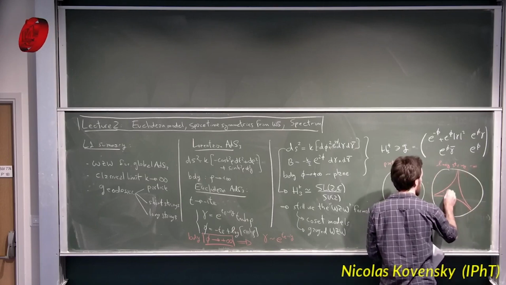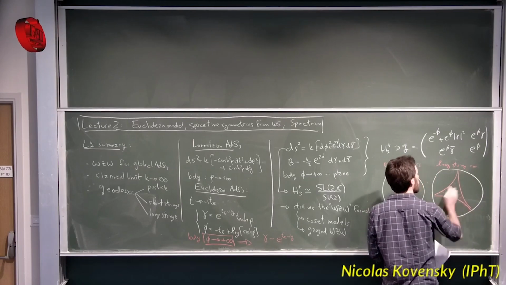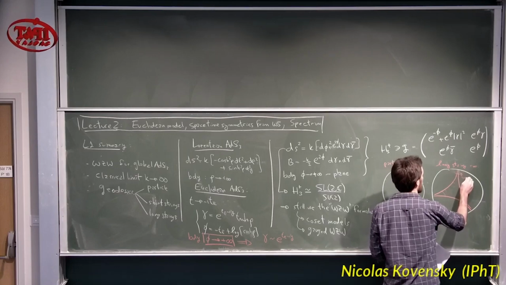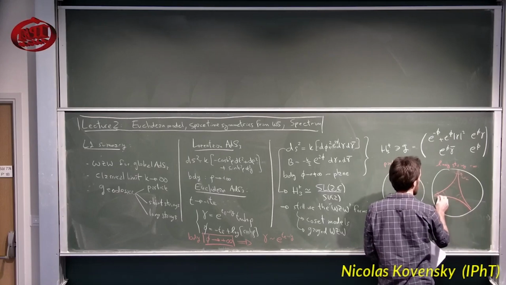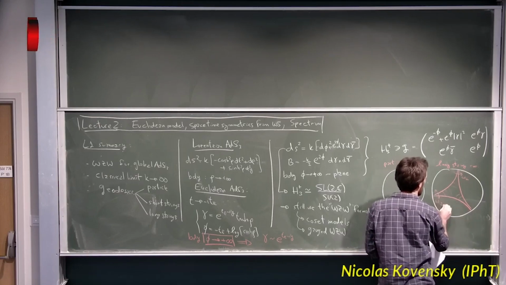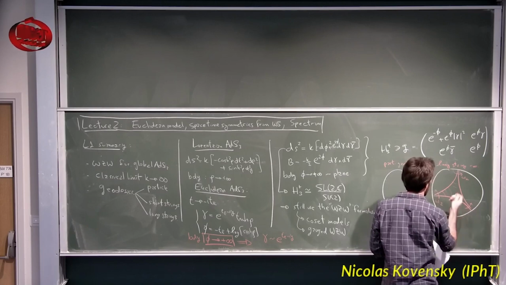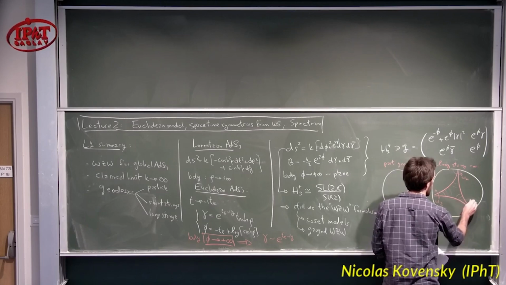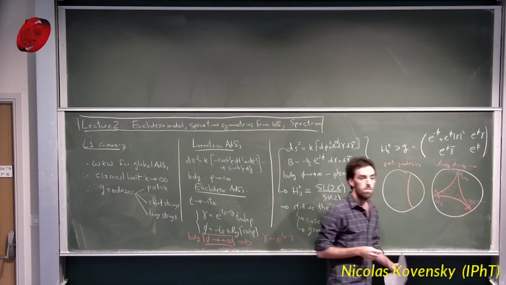Where this is the worldsheet, and it winds, say, omega 1, omega 2, and omega 3 times.